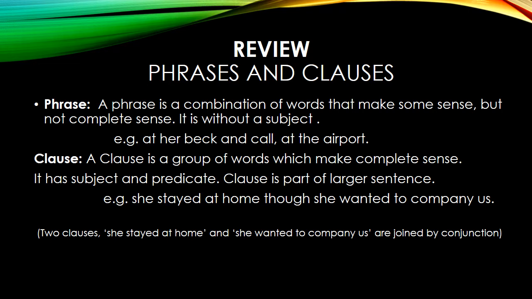While if these two sentences make one sentence, like "She stayed at home and she wanted to accompany us," these types of sentences are joined by a conjunction, like a larger sentence having two clauses. I hope you will understand, and now you will have a complete idea about phrase and clause.